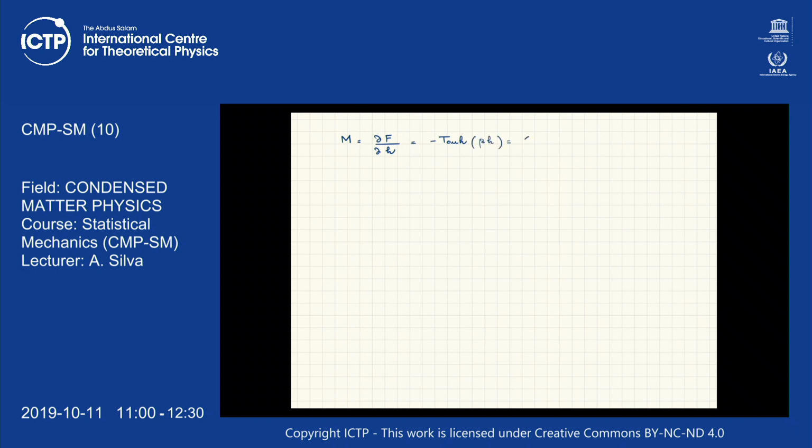This is also equal to the average of sigma. And you see that everything is fine: if temperature goes to 0 it is -1, and if temperature goes to infinity it is 0. Everything is cool.